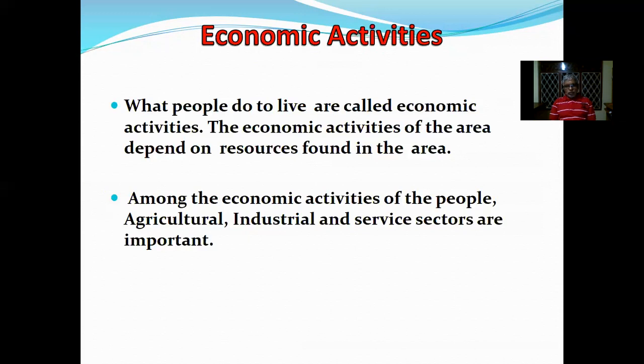When we go to the Anuradhapura, Polonnaruwa area, you find that a lot of people are farmers. Mainly they engage in agricultural activities, because in the Anuradhapura, Polonnaruwa area, the facilities or resources necessary for agricultural activities can be found easily.